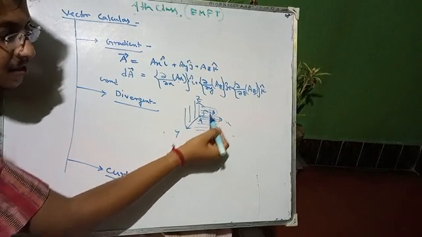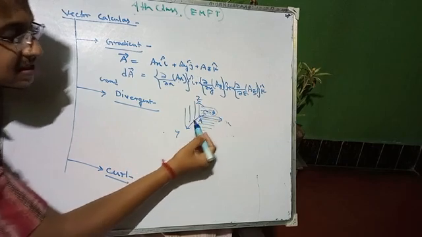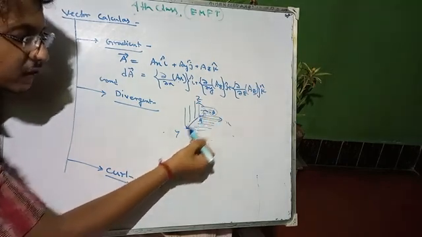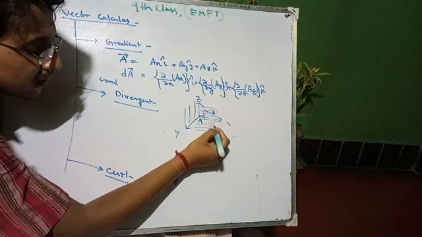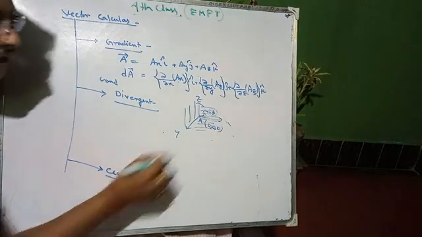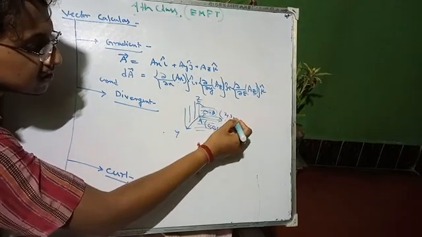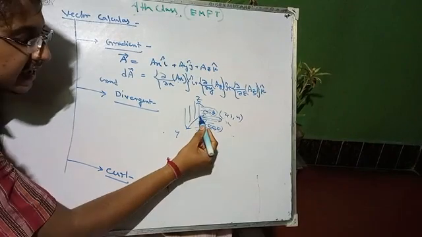What is the change if we move from A to B along the x, y and z directions? Suppose A has coordinates 0, 0, 0 because it is at origin, and B is 2, 3, 4.